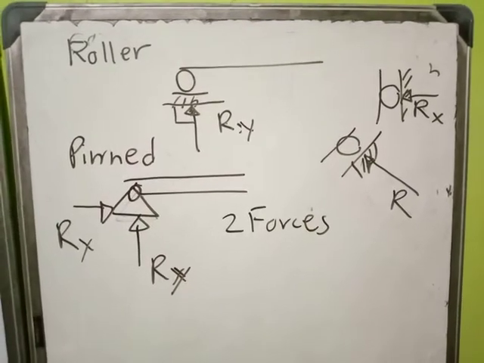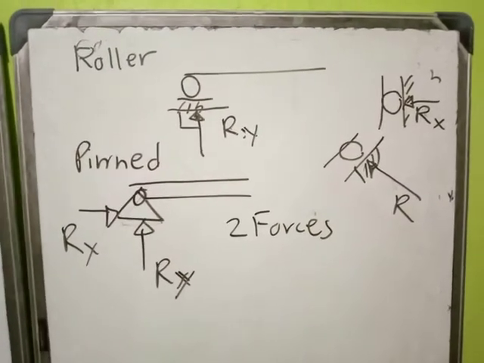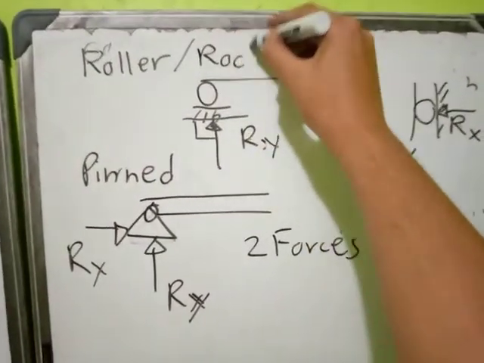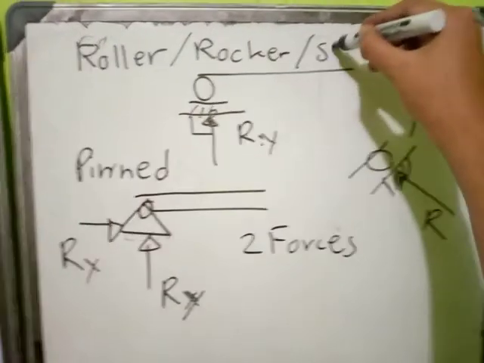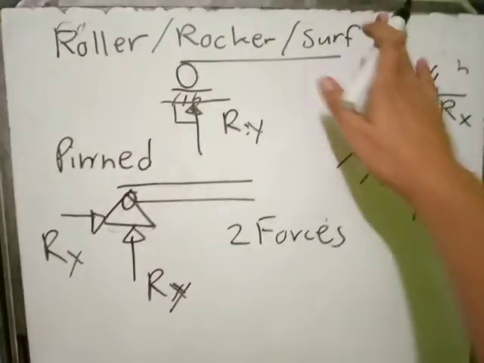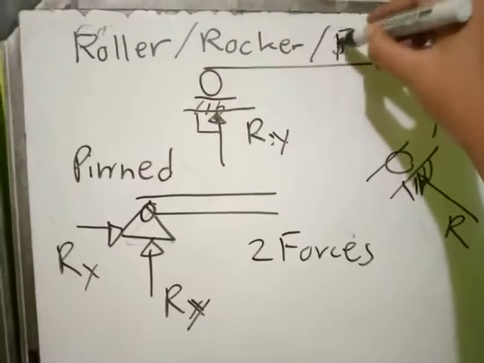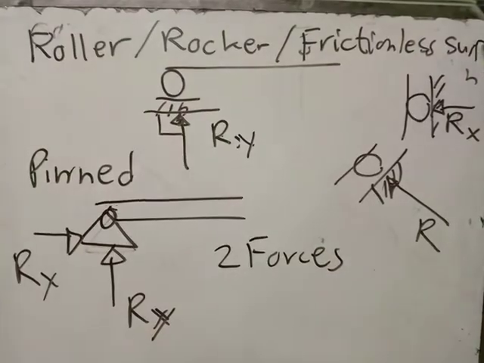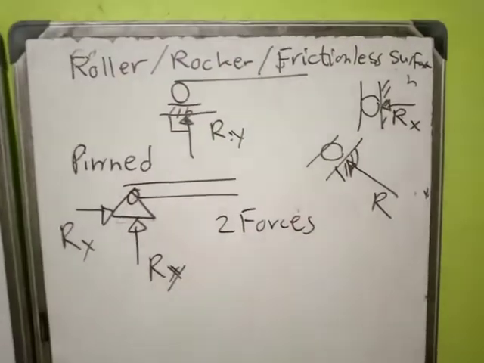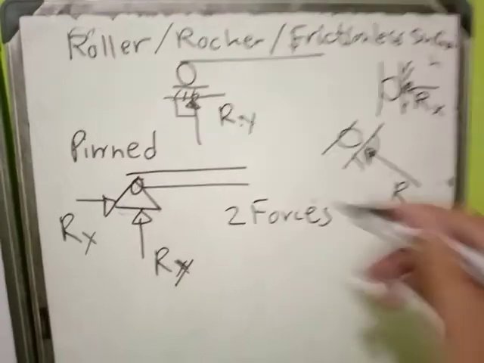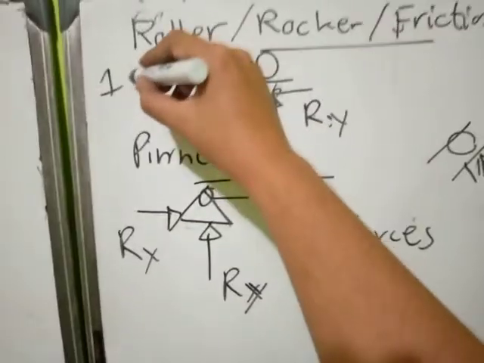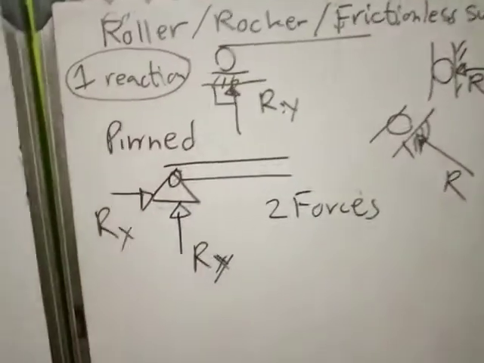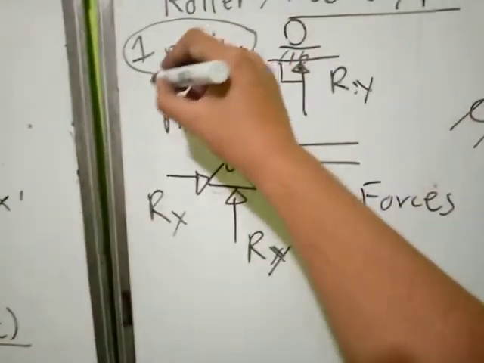That is the difference between the roller and the pin. The roller has only one reaction, while the pin has two. Besides the roller, this also applies to the rocker and the frictionless surface. They have only one reaction, which is a force.